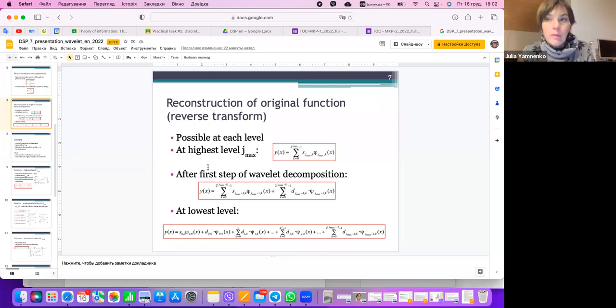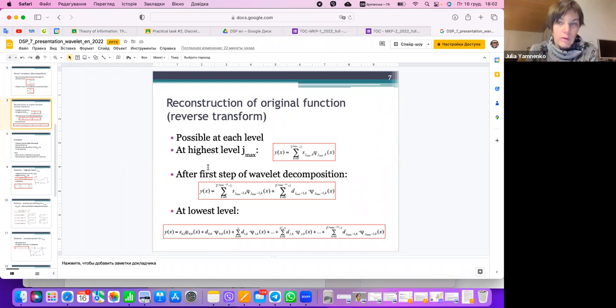But anyway, a very important thing: it doesn't matter how many levels of decomposition we do, we can stop at absolutely any level, and from every point of our decomposition we are able to go back to the original function and obtain it.